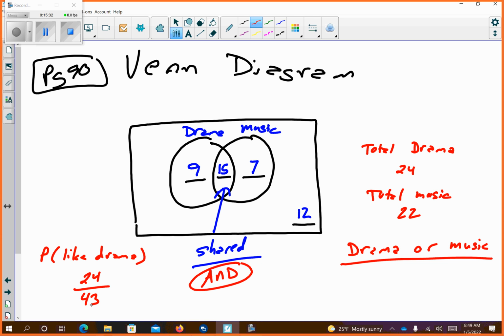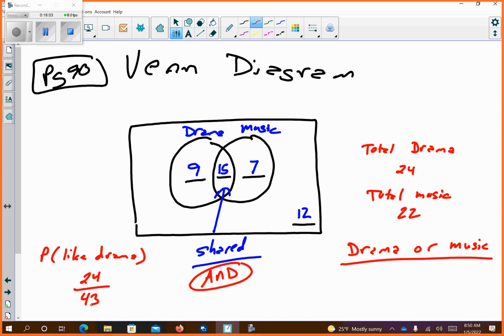So you're like, okay, let's look at the music people. The 15 and the 7 like music, so that's 22 like the music. That whole group likes the music. But then you say, okay, how many like dramas? 15, got it. They like music. There's 22 of these people that like music, so our denominator becomes 22, so 15 out of 22. So on and so forth.